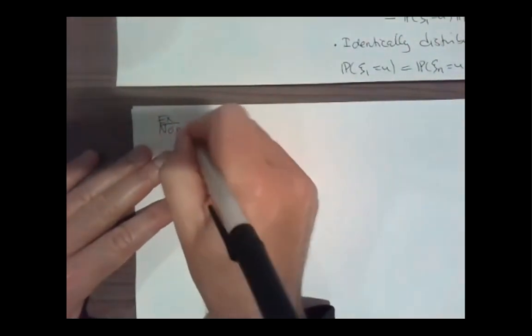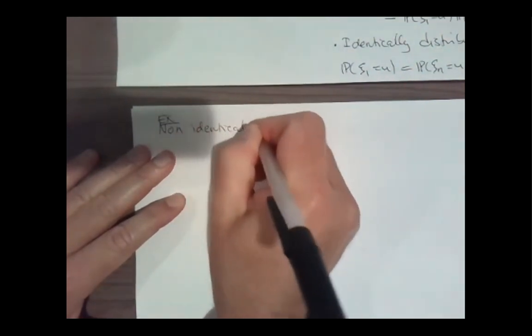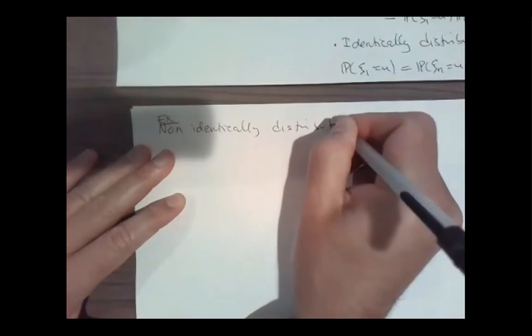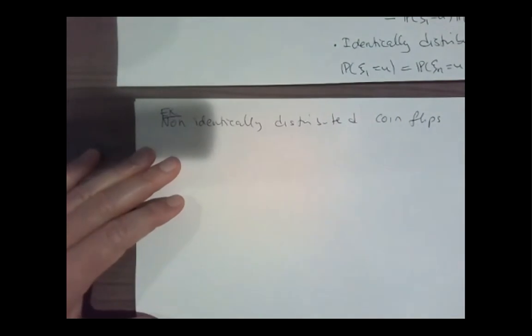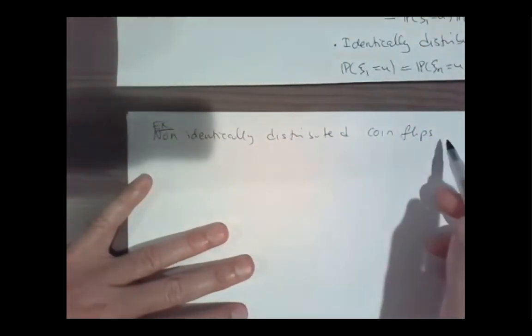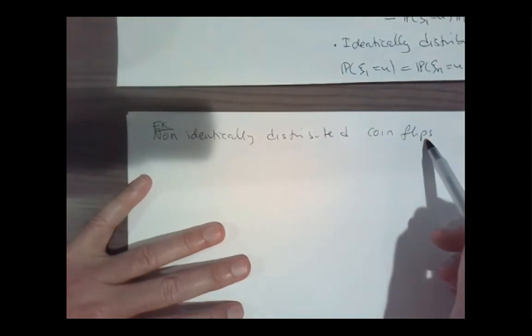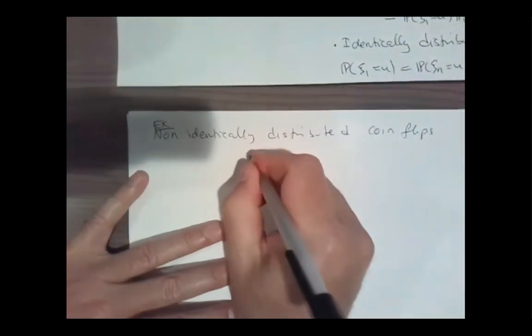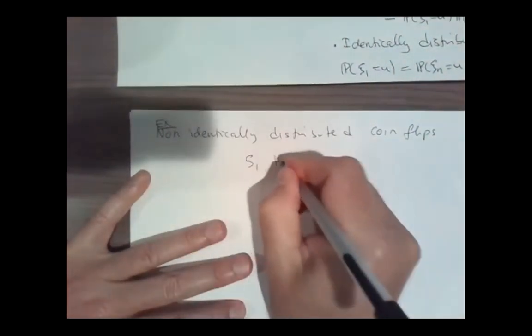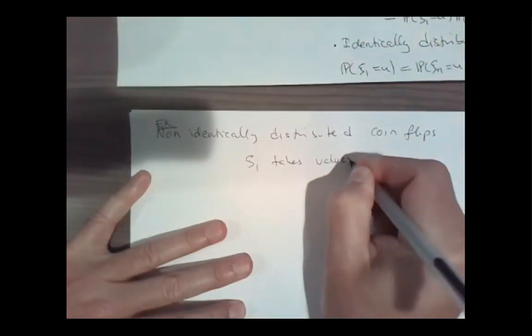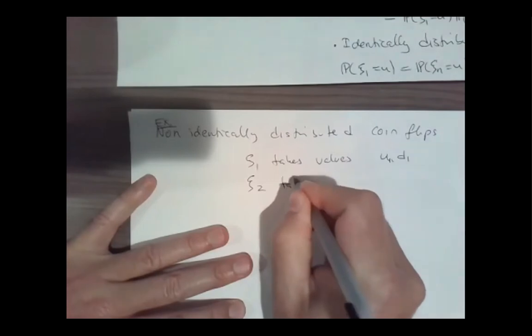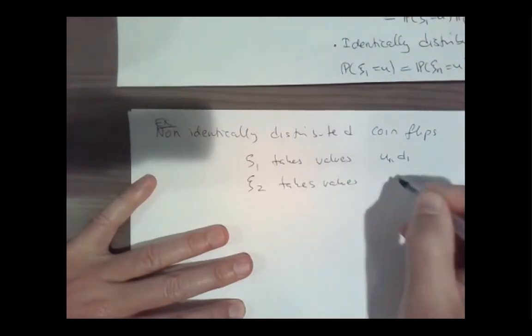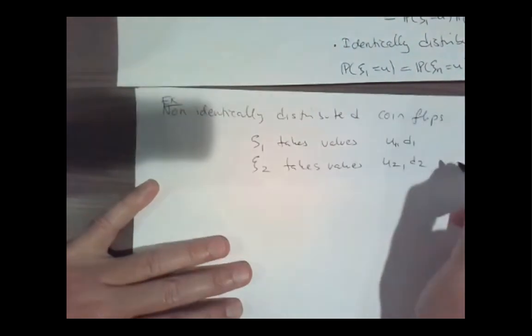To follow up on the question I was asked before, if you have non-identically distributed coin flips, say psi1 takes values u1 and d1, and psi2 takes values u2 and d2.